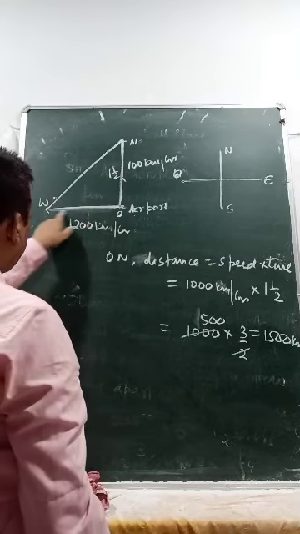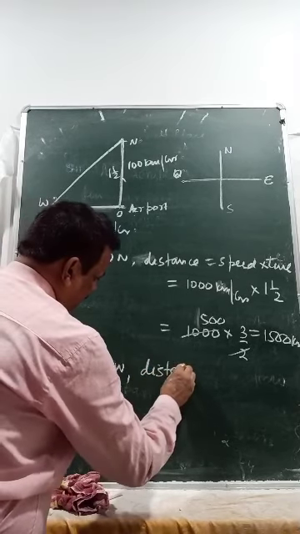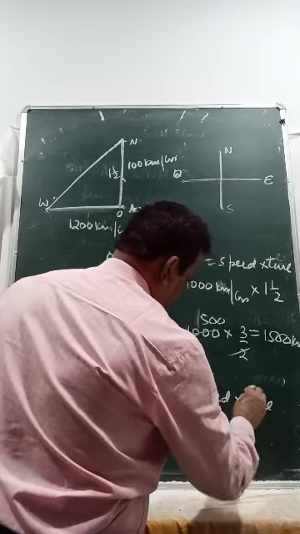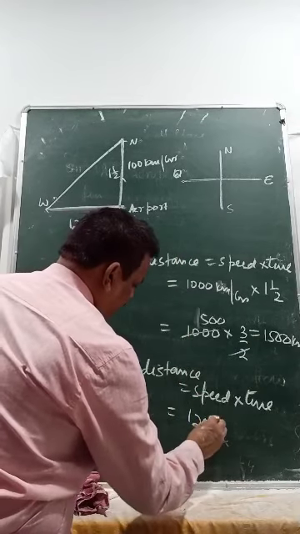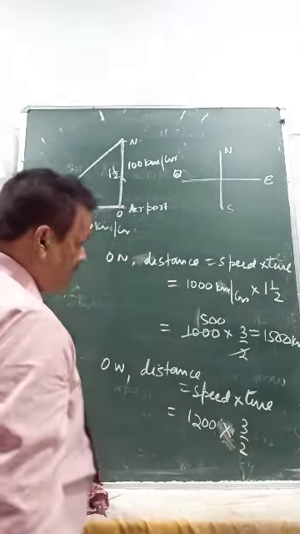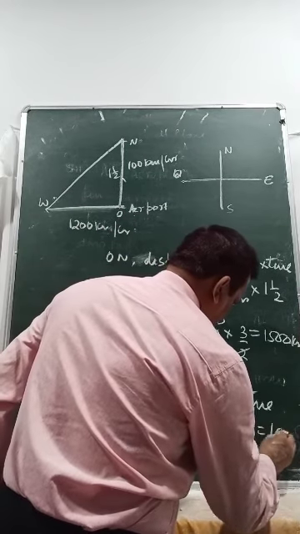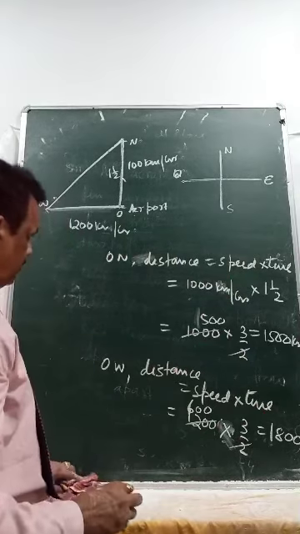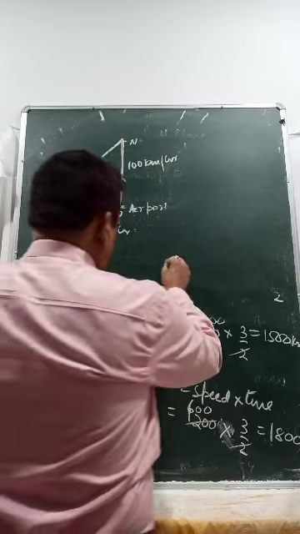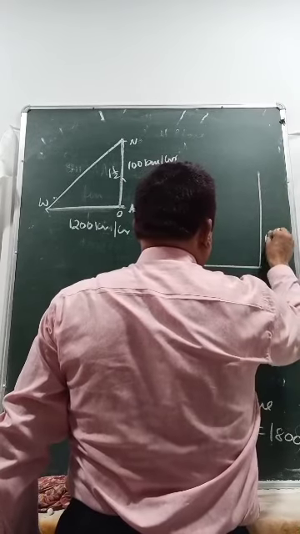So now how much distance will this be then? OW distance is speed into time. Speed is 1200 kilometer per hour into 3/2. Same thing. 600, 1800. So now this is 1800, this is now 1500.